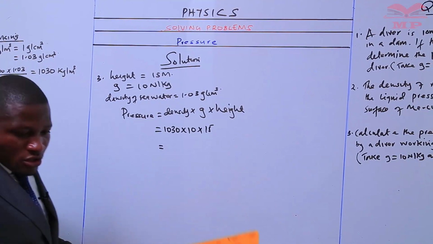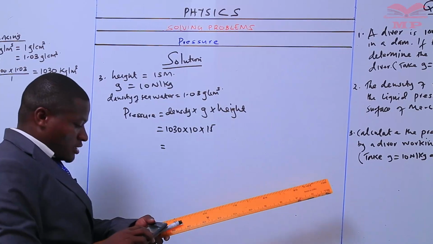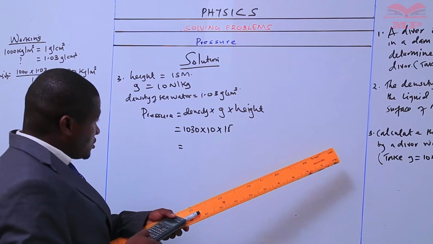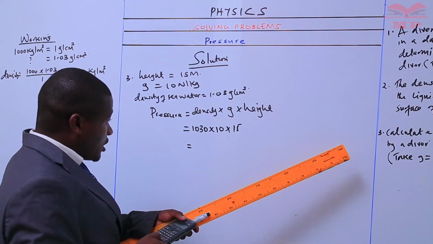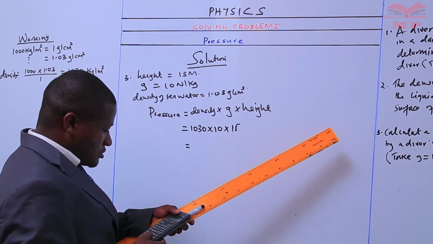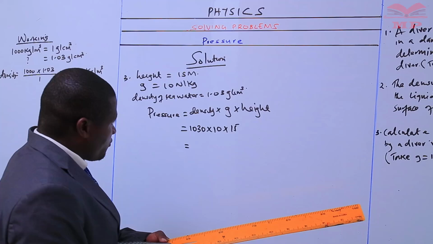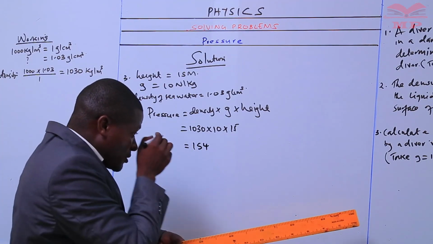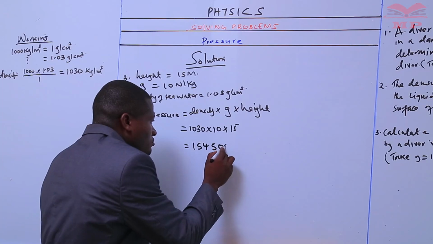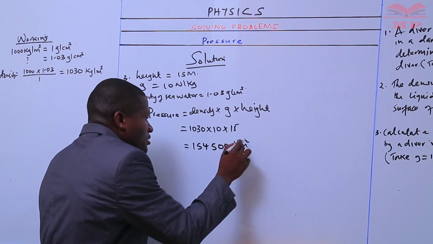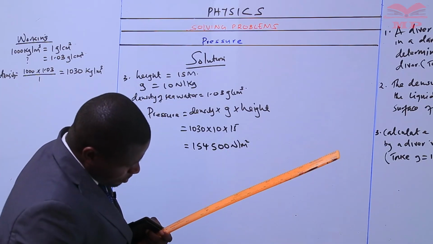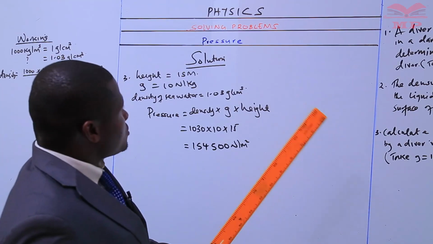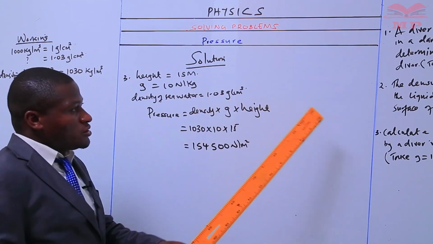We use our calculator: 1,030 times 10 times 15. That is 154,500 Newton per meter squared. So this is the answer for question 3.